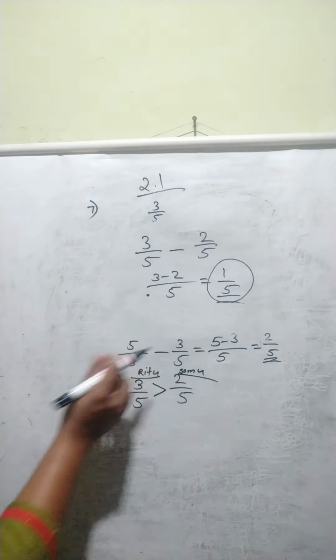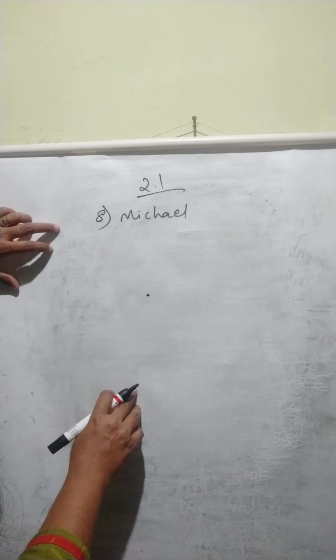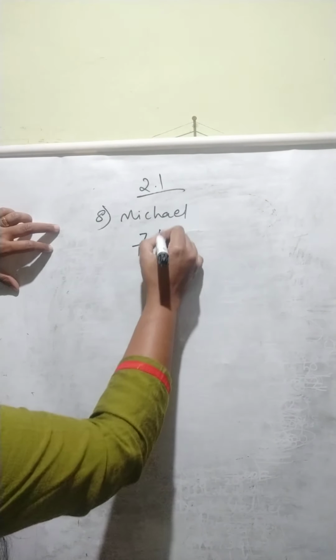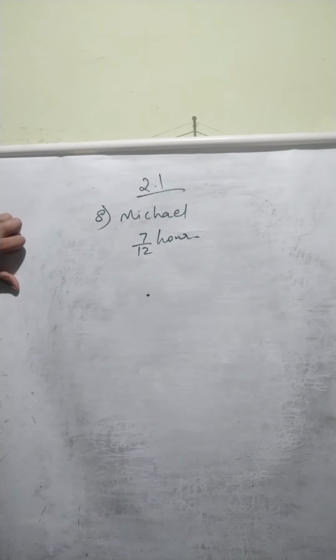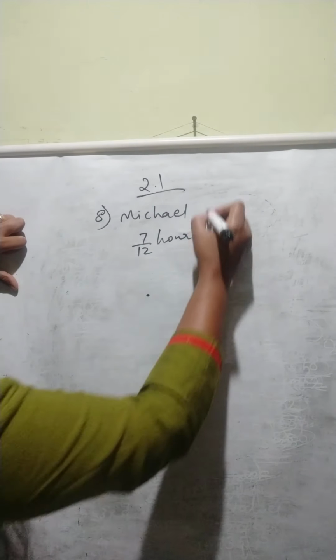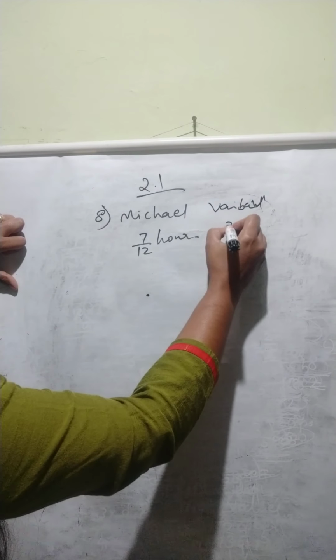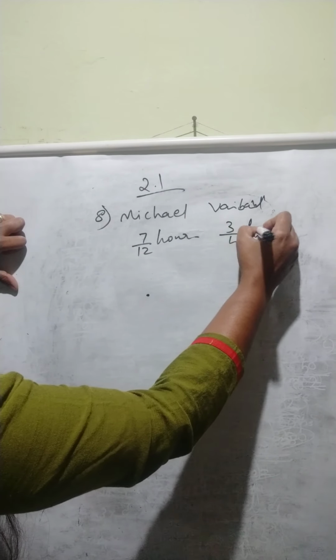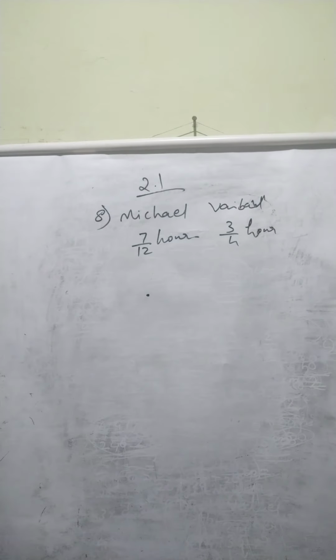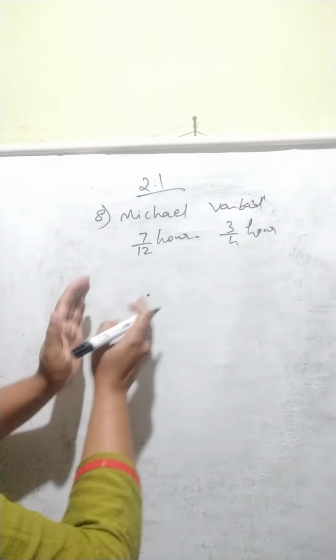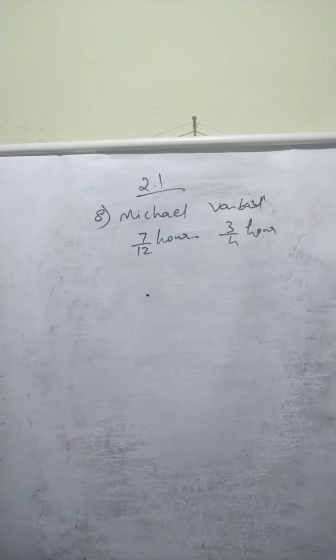Okay, it's very easy. So for Michael, that is 7 on 12 of an hour, and for Vaibhav, that is 3 on 4 of an hour.